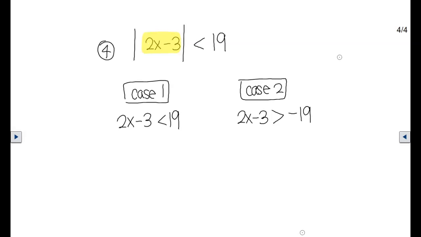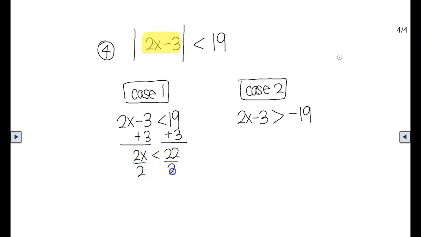So your two cases for this are going to be 2x minus 3 is less than 19, 2x minus 3 greater than negative 19. And now we're going to solve each one of these for x. So to solve for x, we would first of all add 3. That gives us 2x is less than 22.